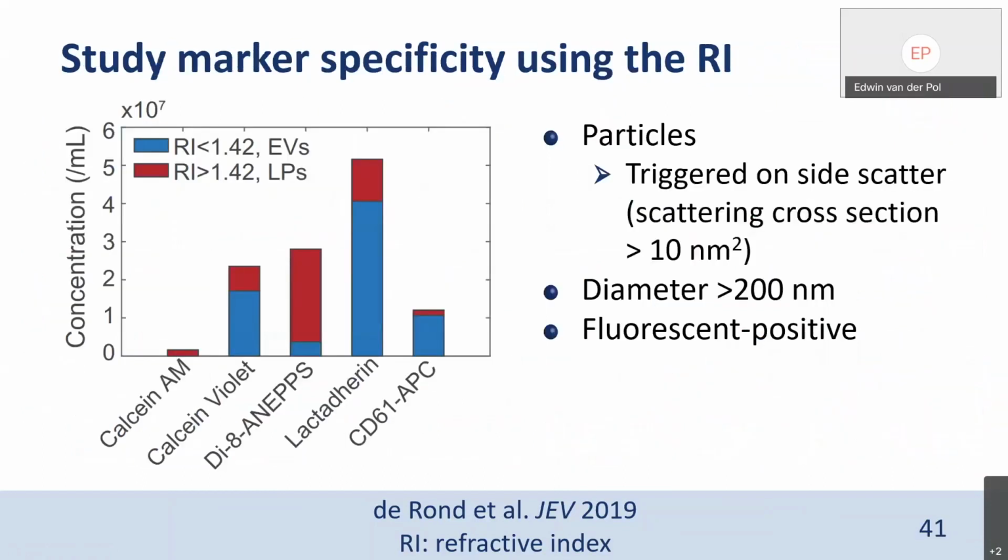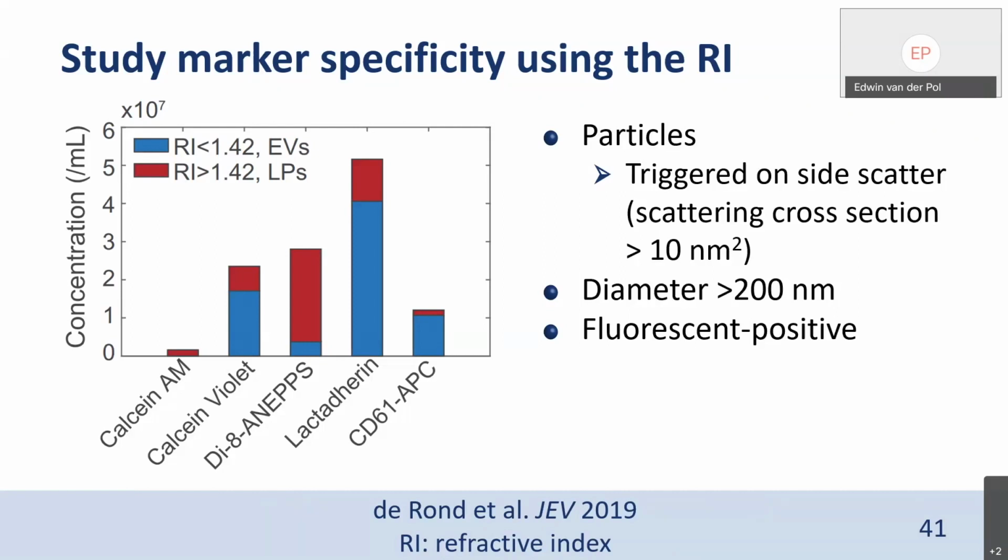So then, what can you do with this? What she studied is, she labeled the particles in this same sample with different generic membrane dyes, and she checked in which fraction these particles ended up, in the high refractive index fraction, which we attributed to lipoproteins, or in the low refractive index fraction, which we attributed to EVs.